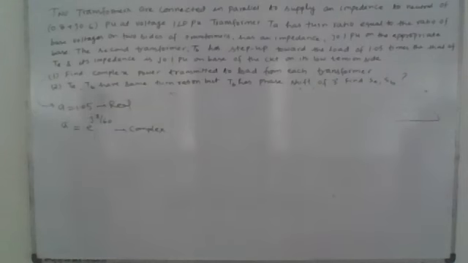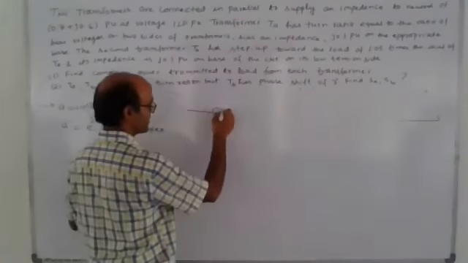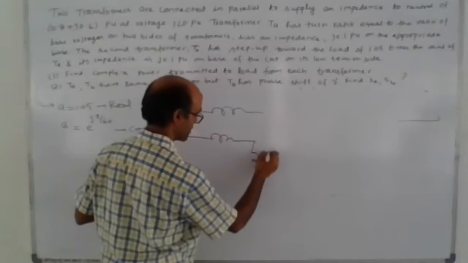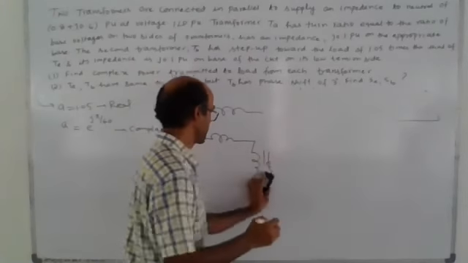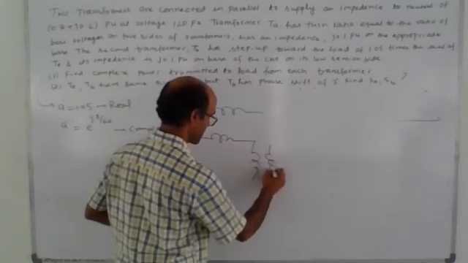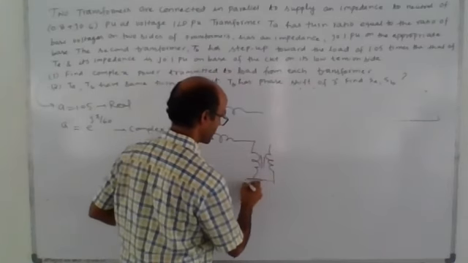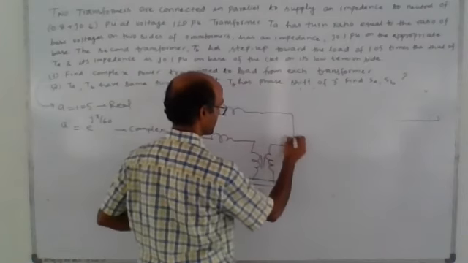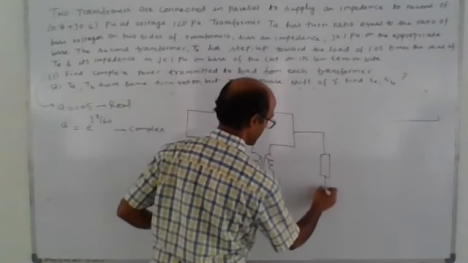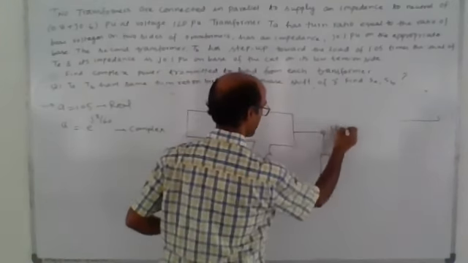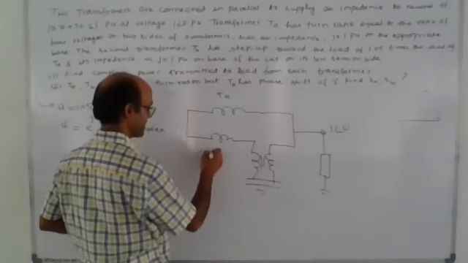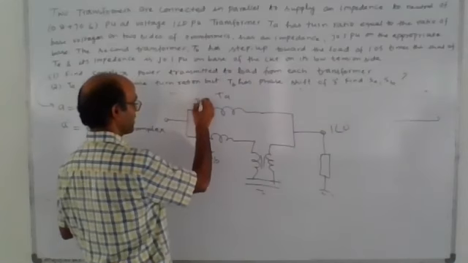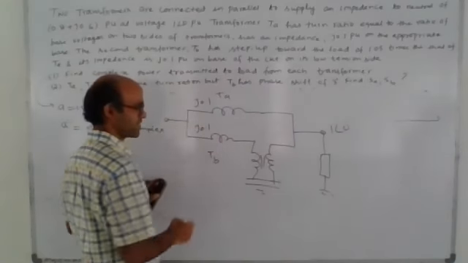So simply, you have to draw two transformers. The load is the same. One angle 0, this is TA. This is TB. This is J 0.1, this is J 0.1, same.